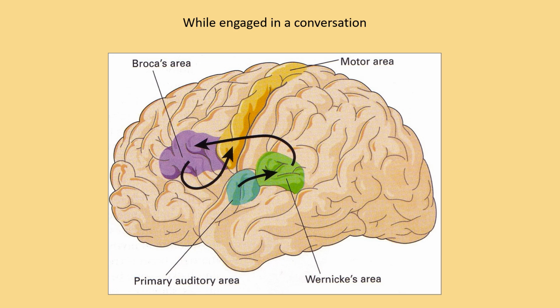And the response, you're welcome, Mom, it was my pleasure, those words are also put together conceptually in Wernicke's area, and Wernicke's area then communicates with Broca's area, which gives rise to the initial motor output, and that information travels to the primary motor area. The motor output that will leave the central nervous system arises in that primary motor area and travels along motor neurons out through cranial nerves to motor neurons that control the muscles required to form those words. You're welcome, Mom. It was my pleasure.